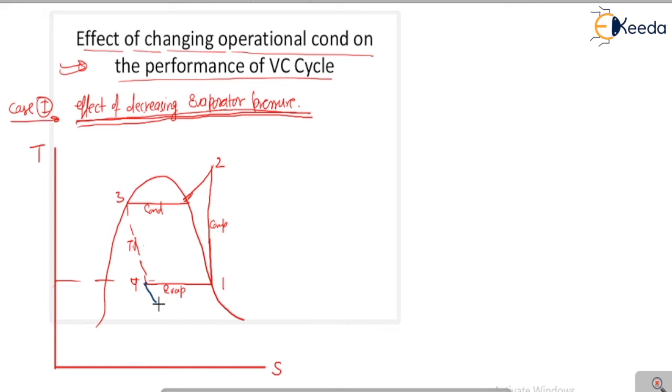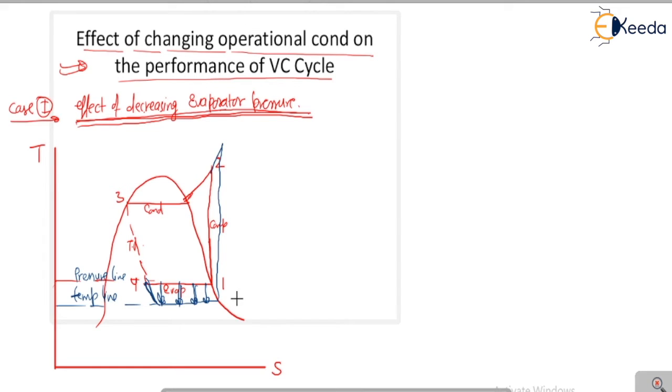When we decrease our evaporator pressure, this is also a pressure line as well as a temperature line. So we have to decrease the pressure. That means this evaporator line is going to move downward, and again the compression line goes like that.